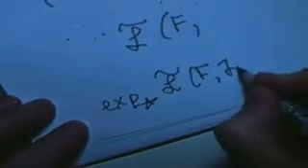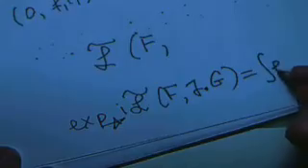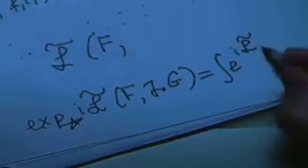So we can get the exponent either way. One can prove that it can be written as e to the power i times the function.